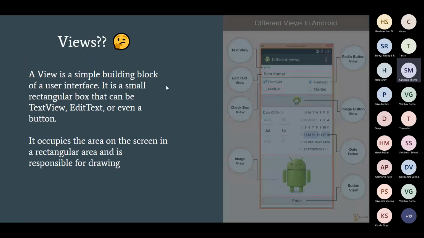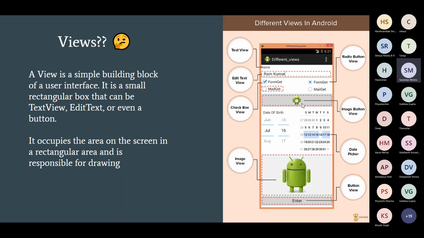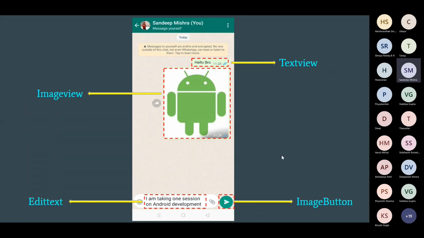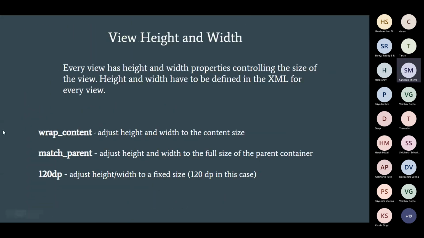As you can see here, this image has a very small size, so when we place it in wrap content, it took a very small size. Similarly, this image has a large size, so when we put it as wrap content, it took its complete size. Wrap content just adjusts the height or width of the view according to the original size of the content.